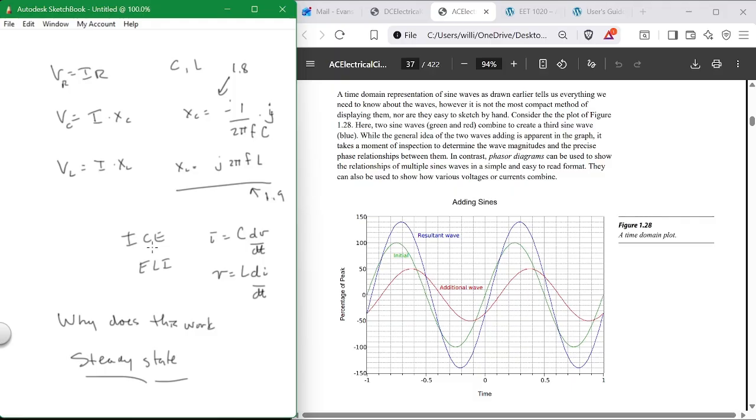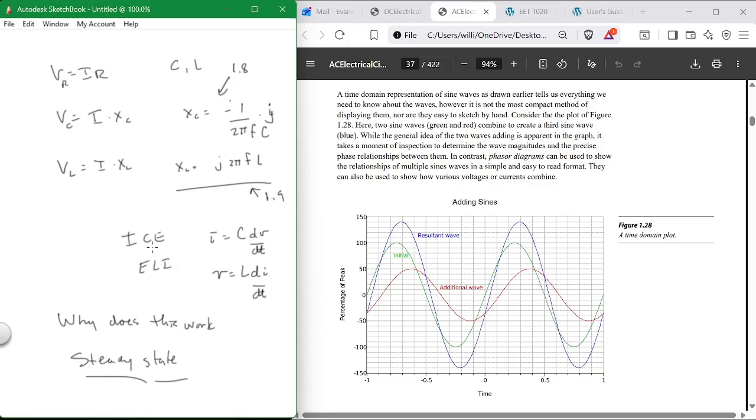I, which is current. It could be a little bit capacitive, or a lot capacitive. We don't really care, but it's going to be something between 0 and 90 degrees. I is leading V in a capacitive circuit.